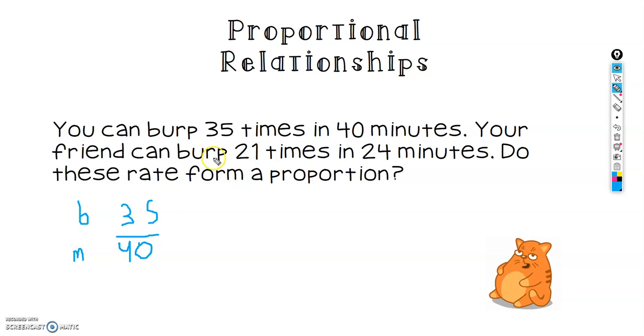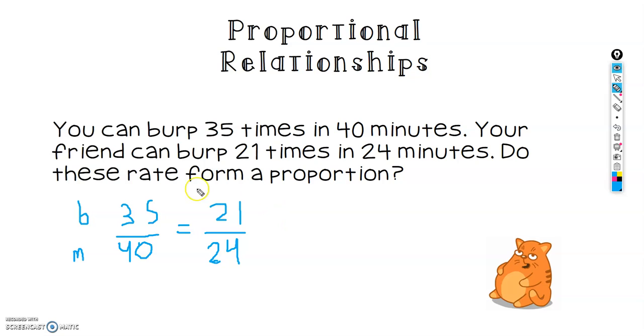And let's see what your friend does. Your friend can burp 21 times in 24 minutes. So 21 to 24. So the thing with ratios is they can be very limiting. You know that as we were doing ratio tables, I can figure this out by dividing the big number by the small number, correct? But then I'm dealing with decimals and it takes me a lot of work. Instead, I'm going to use cross products.